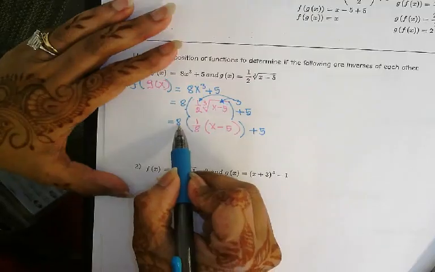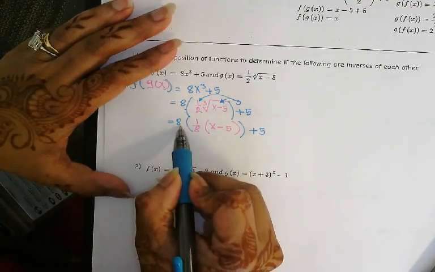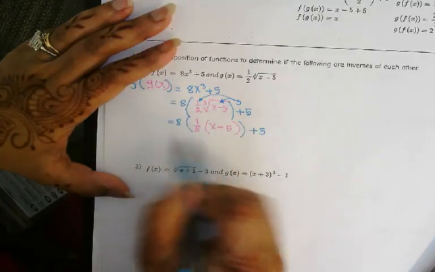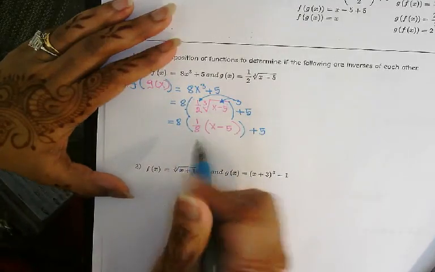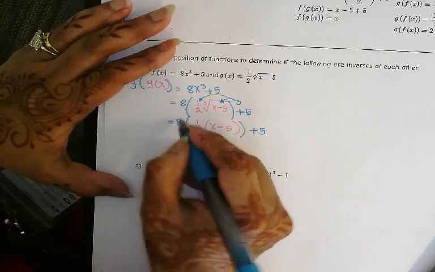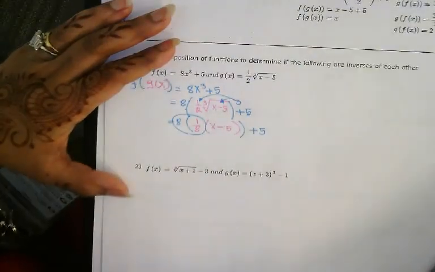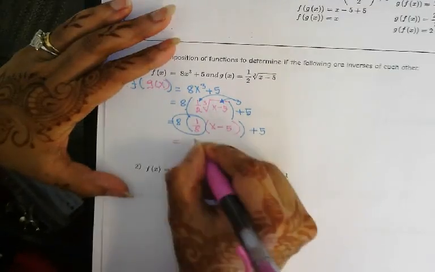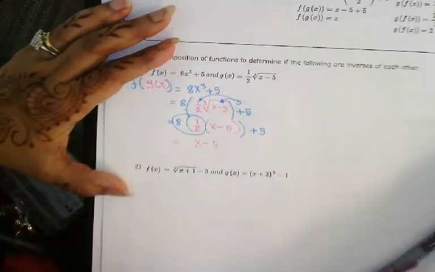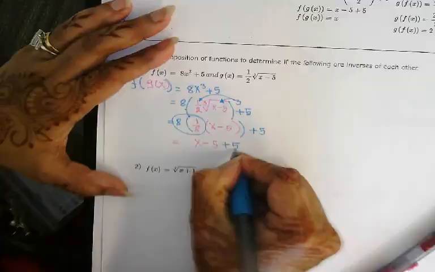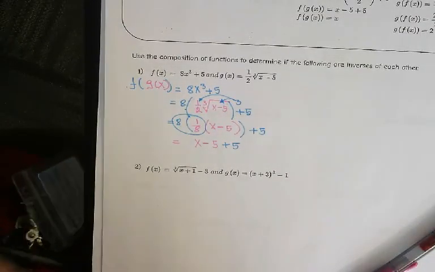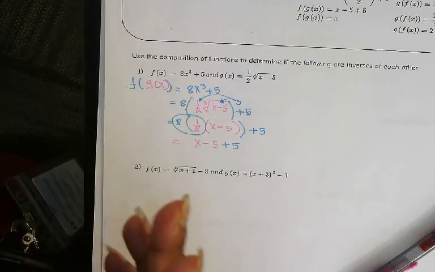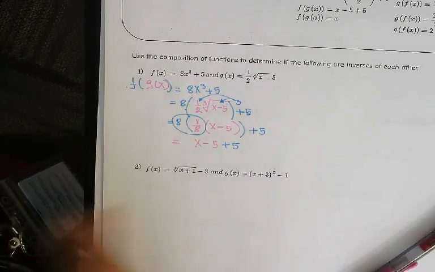Okay. Now this is the PEMDAS, so we have to multiply the 8 with it. Can I simplify? 8 and 1/8 are going to cancel out. So I have x minus 5 plus 5. Can I simplify? Is there a like term? What happens? It's just x.